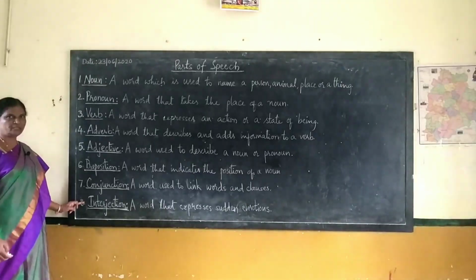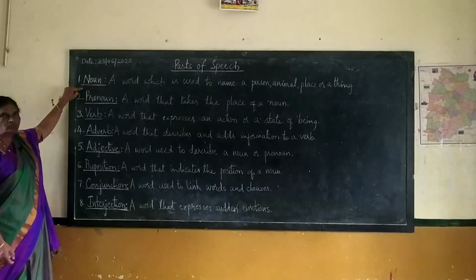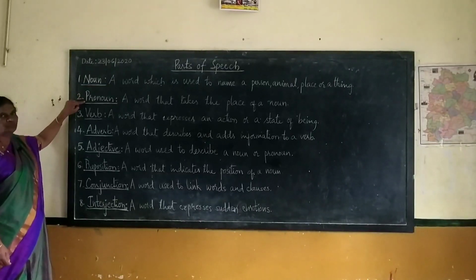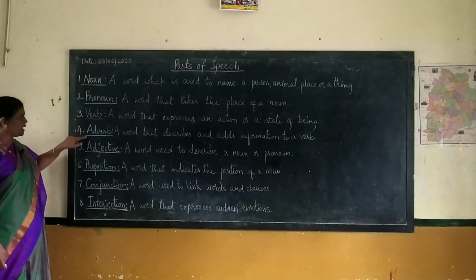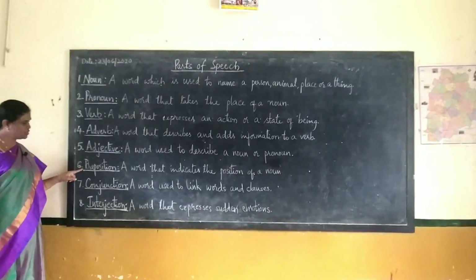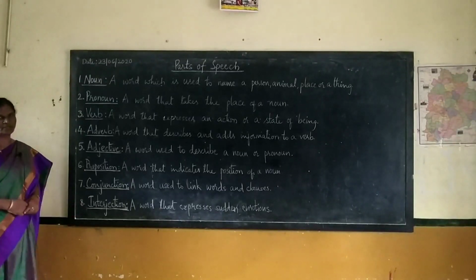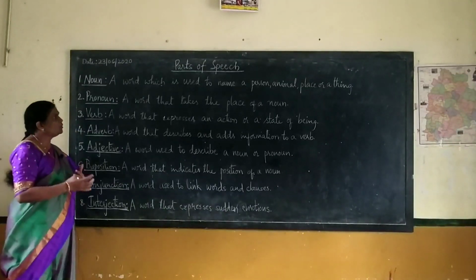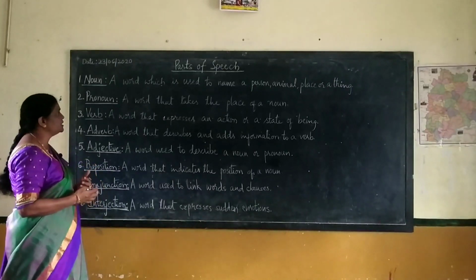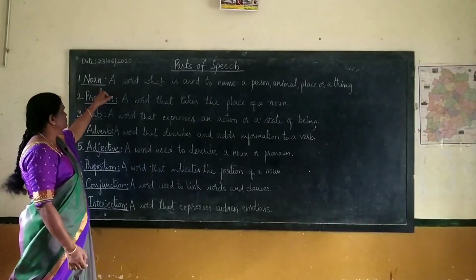So what are the 8 parts of speech? Say after me. Noun, pronoun, verb, adverb, adjective, preposition, conjunction, and interjection. Now in our class, let us learn them in detail. What is noun?